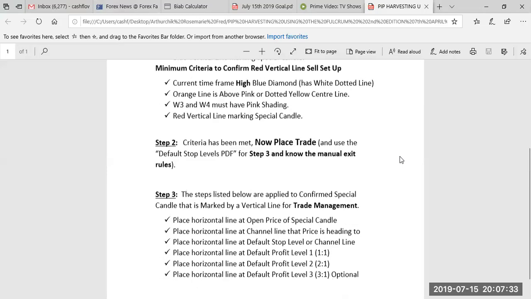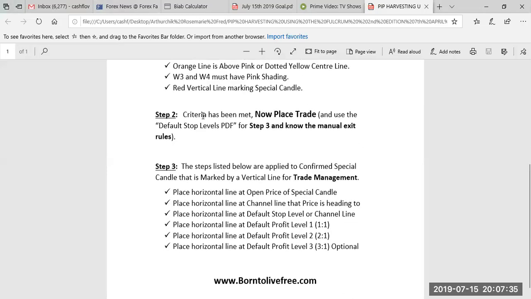Step 2 says criteria has been met, place trade. And the template has a TPSL, so when you place the trade, it'll put a stop loss and take profit as a default for you. So you can go straight to step 3, which is to mark out the vertical lines, which is marked by the vertical candle. Yep, they're the 3 steps.